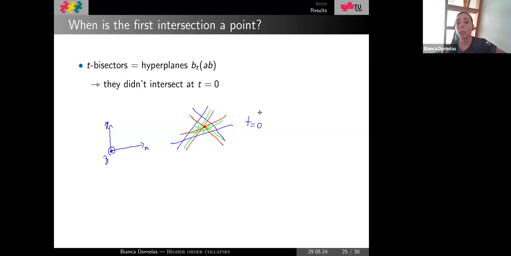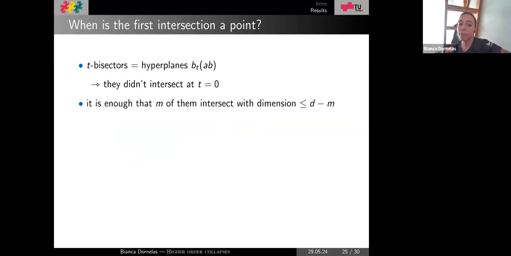So we looked a bit into how to guarantee that condition. And it turns out that it is sufficient to say that if m t-bisectors that did not intersect at t equals 0 intersect, then the dimension is smaller than d minus m.